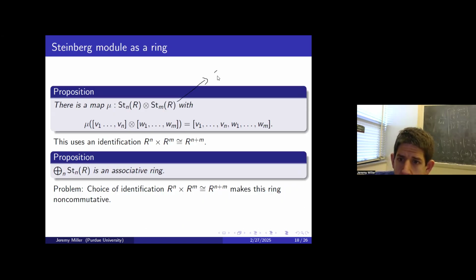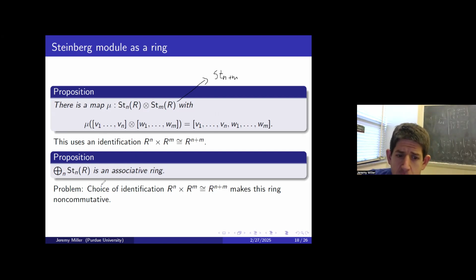This is supposed to go to the (n+m) Steinberg module. It's not necessarily obvious that this is well defined, because there are relations among these apartment classes, and these also don't give you generators if your ring isn't a field, but nevertheless this extends to a well-defined map, and it makes the direct sum of all these Steinberg modules an associative ring.